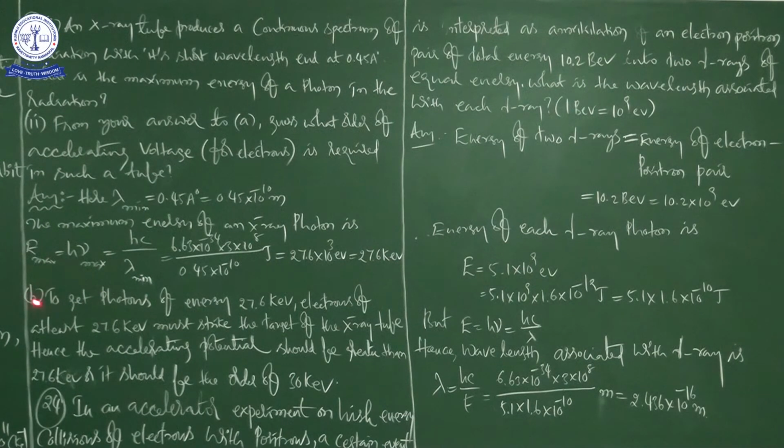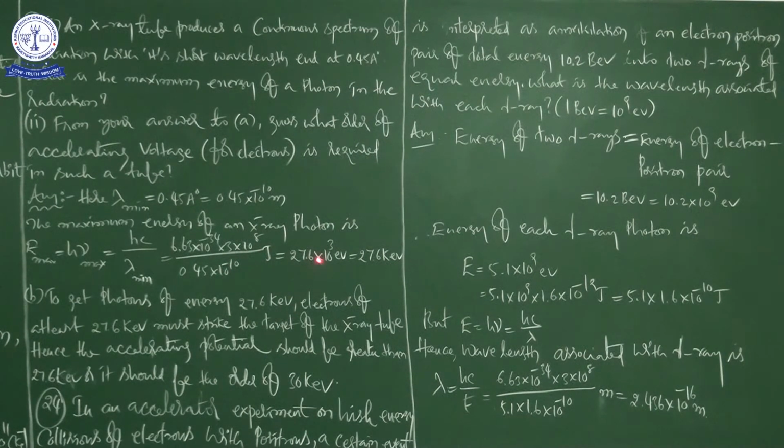So E maximum is equal to h nu maximum, that is equal to hc by lambda minimum. Write down the values of h and c, and then the lambda value. The h value is 6.63 into 10 to the power of minus 34 into the c value 3 into 10 to the power of 8 divided by lambda minimum 0.45 into 10 to the power of minus 10 joules, right?